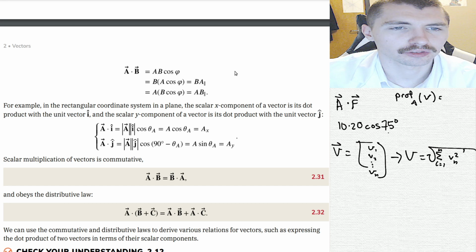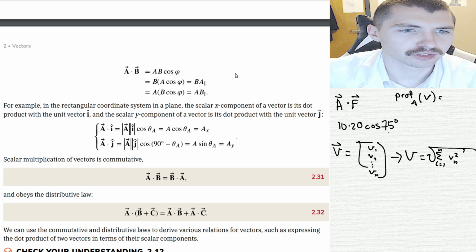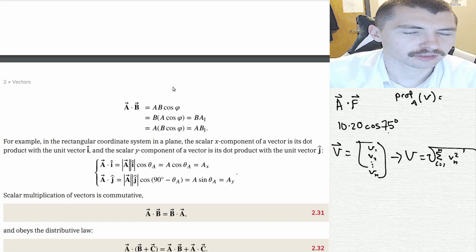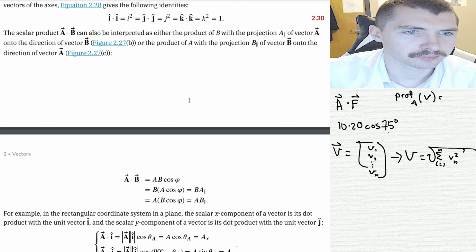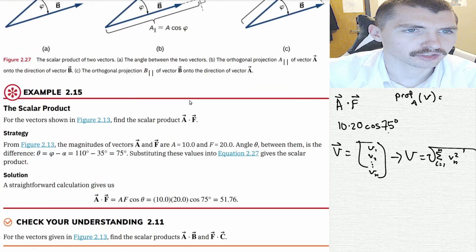So dot product can be defined as other different products. And what is a projection vector?